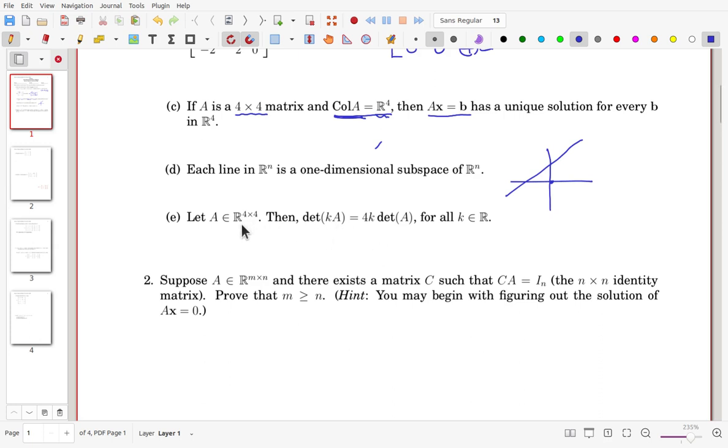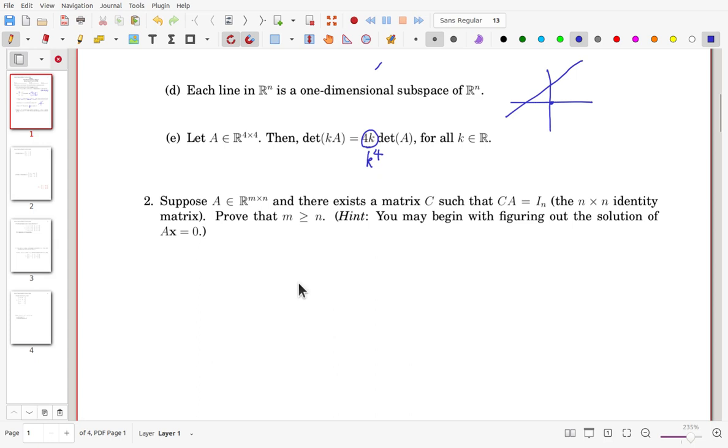Now, this is a 4 by 4, so kA means each row is scaled by k, so there are 4 times scaled by k, so that this 4k must be k to the 4, then it is true.